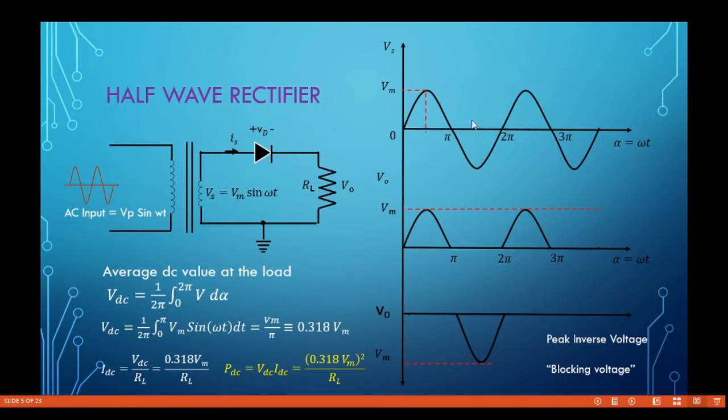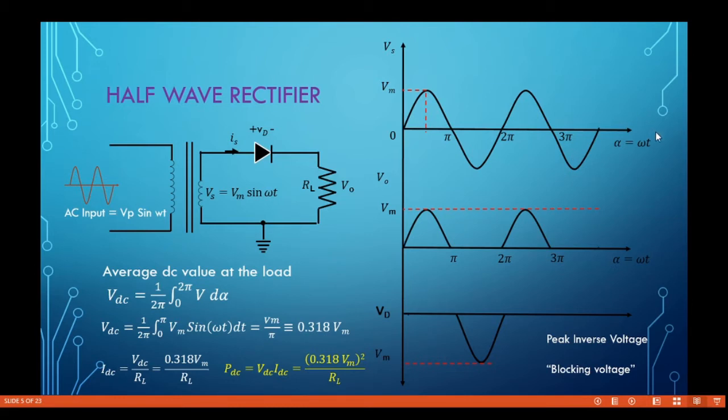So these are the waveforms at the input, at the output and across the diode. These waveforms are very important along with the circuit diagram, and they mostly explain the working of the half wave rectifier.